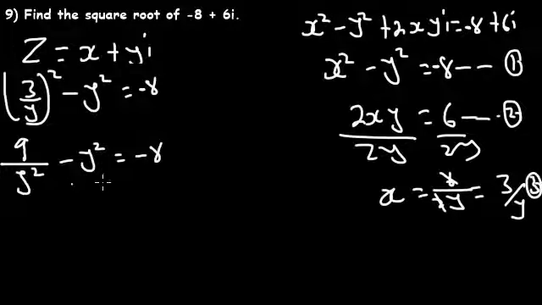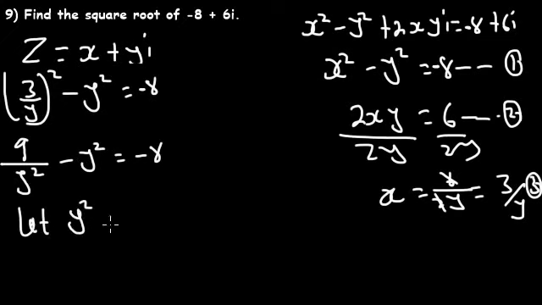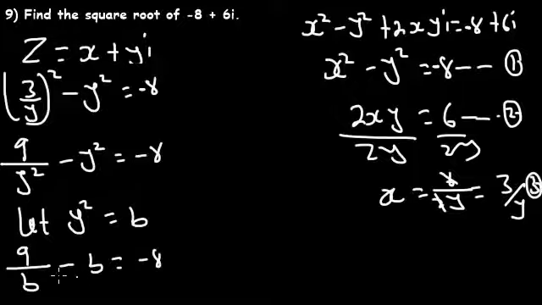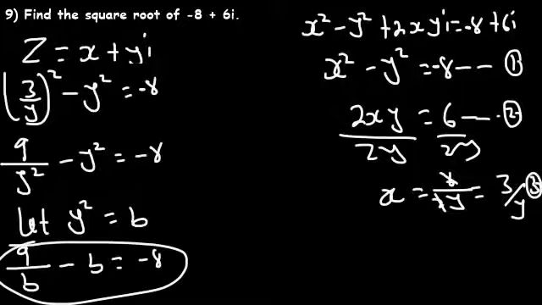Now, to make this straightforward, let's make some other substitution. Let's assume y squared is equal to b. Then this equation becomes 9 over b minus b equals minus 8. Now we can multiply all through by b.